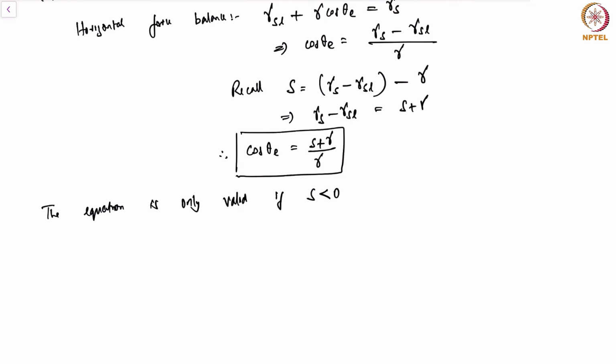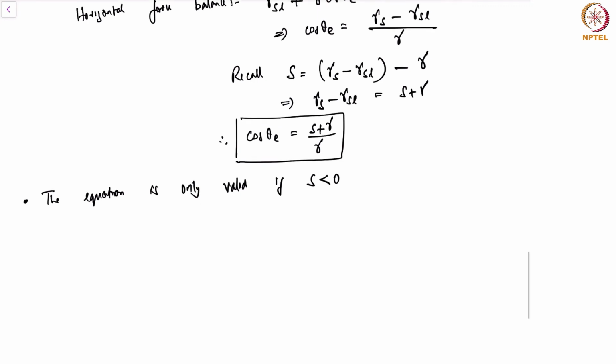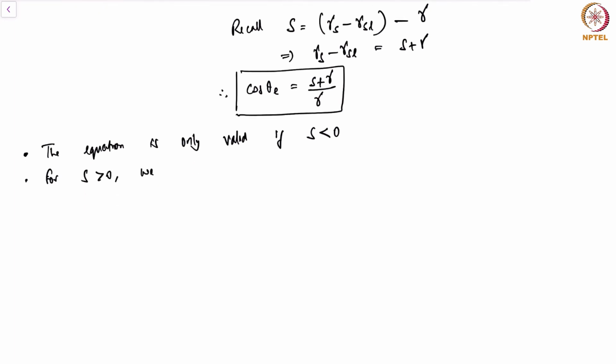The numerator cannot be larger than 1, and if S is greater than 0, then the numerator becomes larger than the denominator, and cosine of an angle cannot be larger than 1, and therefore the equation will have no physical meaning if S is greater than 0, right? So for S greater than 0, we should note that there is no contact line.